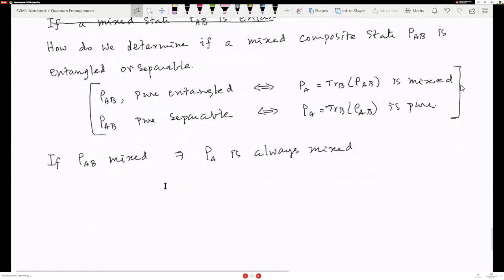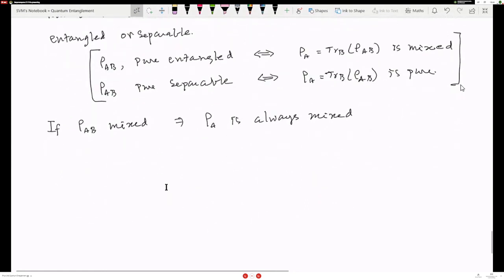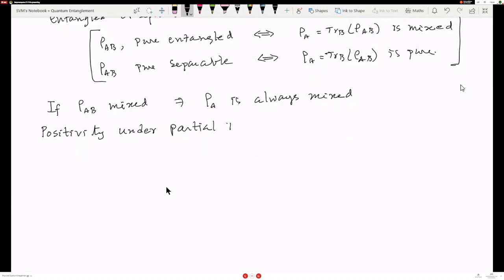Now there is another operation that we define in order to tell this. This is something called positivity under partial transpose.